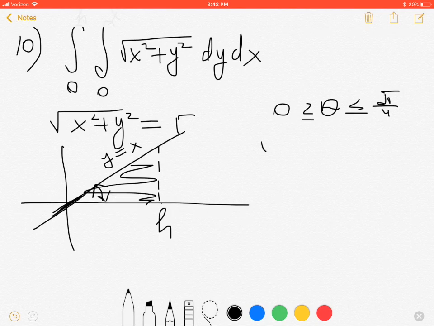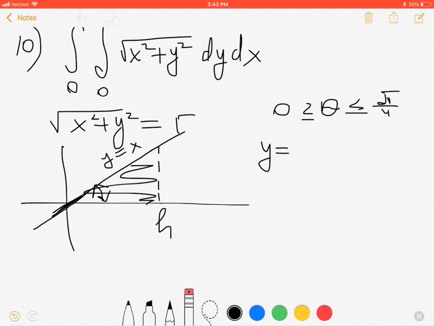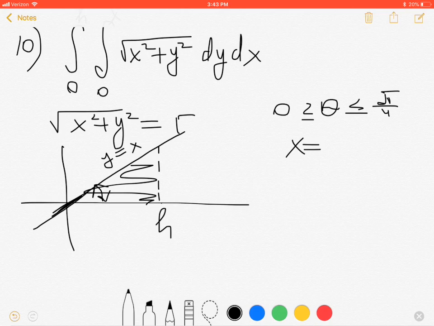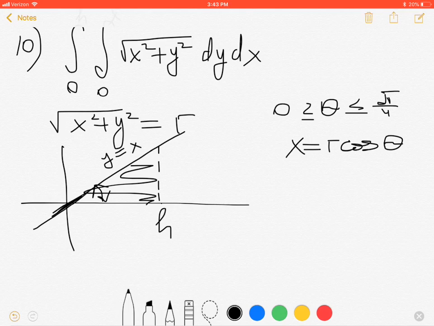Okay, y changes from 0 to x. And this means I need, not y, sorry, x equals r cosine theta.